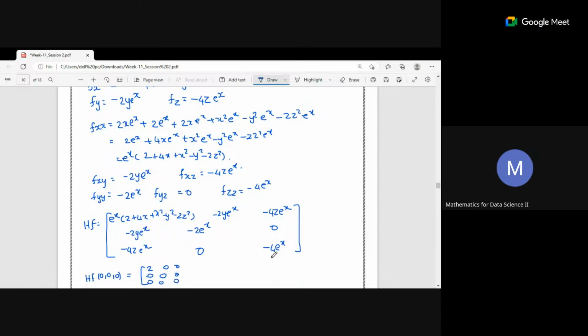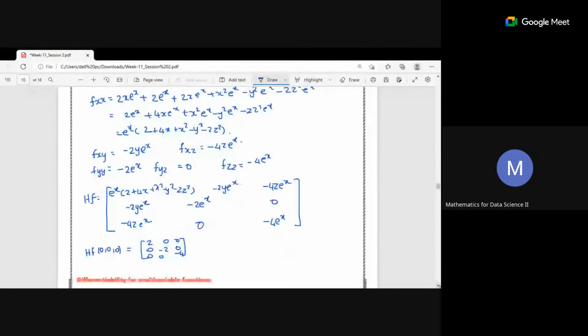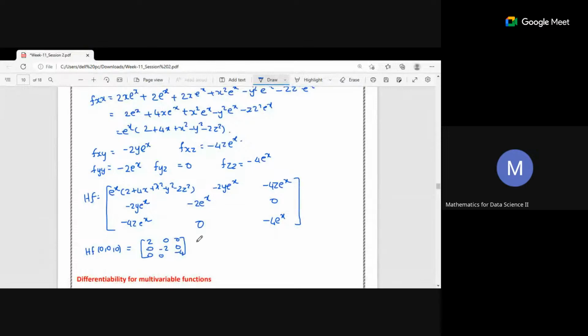No, no, no. This term is non-zero. It's a diagonal matrix: 2, minus 2 and minus 4. Correct? Yes. So now what is alpha? Alpha is 8, 16, positive. Okay, so beta minus 4. So at 0, 0, 0, f has a saddle point.